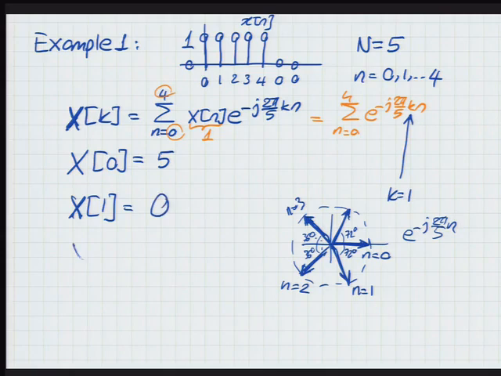If I was looking at x of 2, what would happen? Then I would put 2 here. So now I would be looking at increments of 144 degrees.